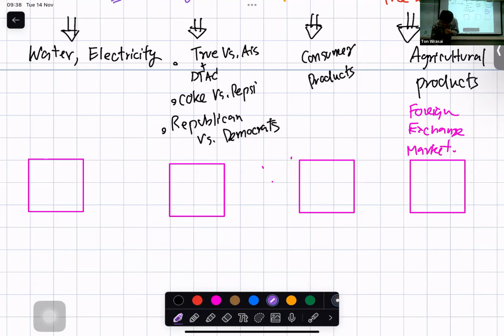What I'm going to do is, okay. Monopoly, only one in the market. Market with a few firms.